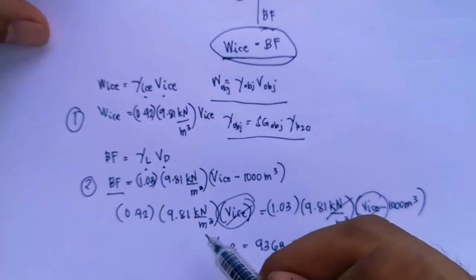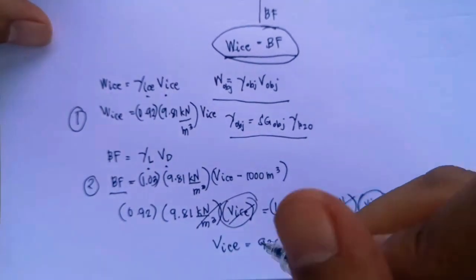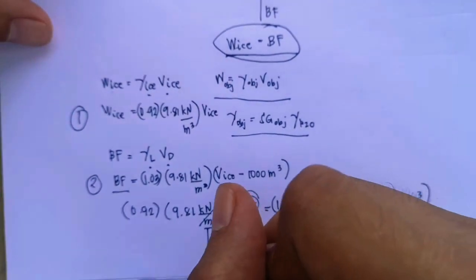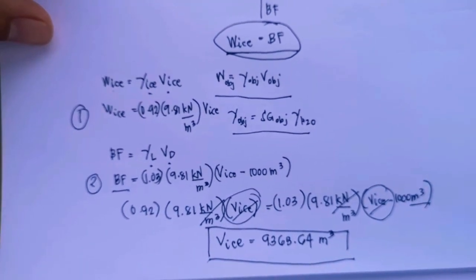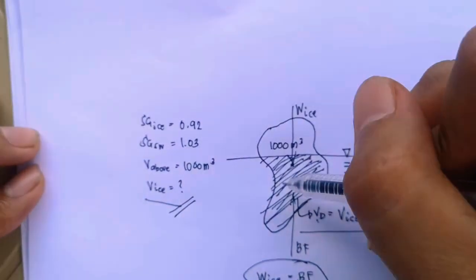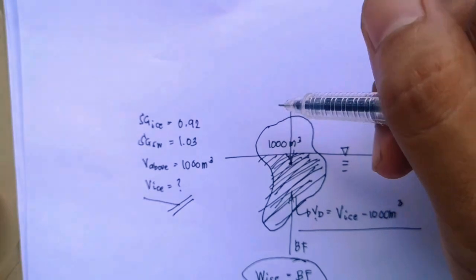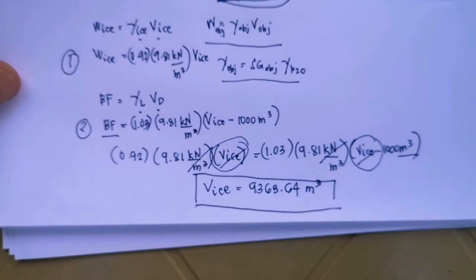So ano ba yung unit natin? Meter cube. So this should be the final answer. So the total volume of the ice is 9363.64 meter cube. Ibig sabihin, yung total volume ng ice natin na to is 9363.64 meter cube.